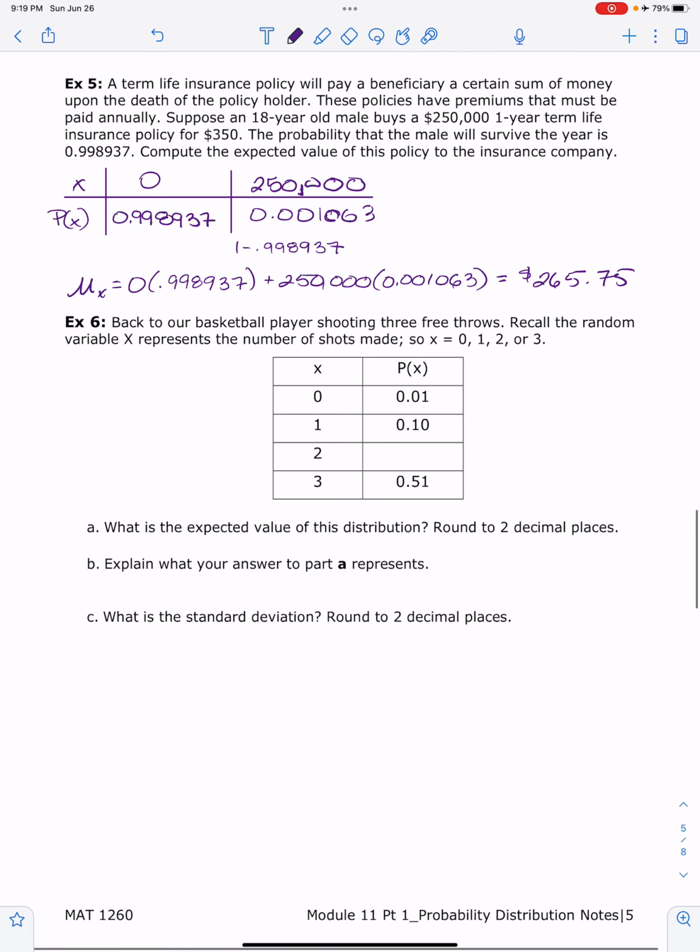Notice up here that it says they charge $350 for that policy. So the insurance company, in the long run, is making money.